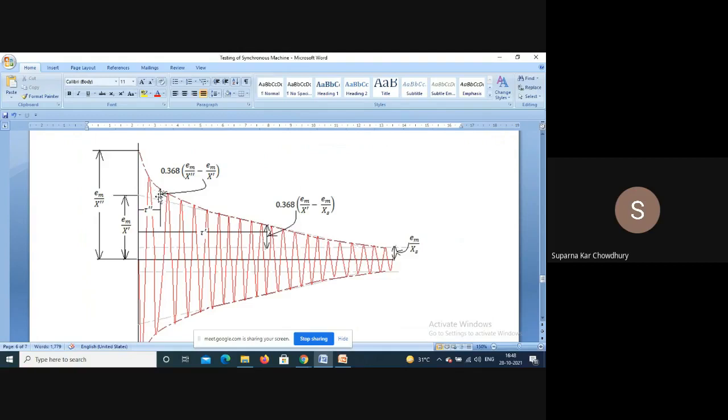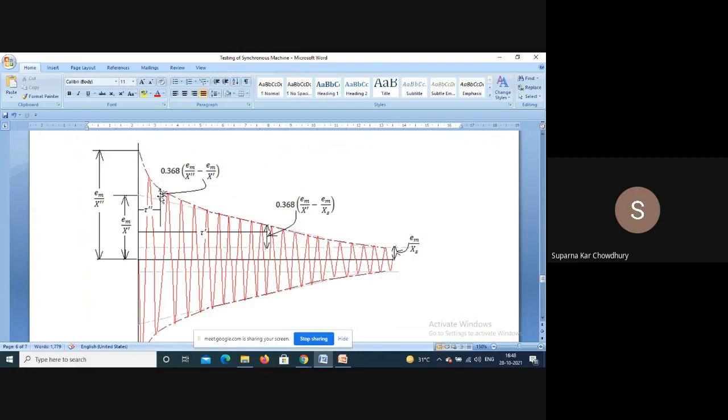Subsequently, this is the subtransient operation, and this is the transient operation. So this is the subtransient operation, this is a transient portion, and then this is the steady state short circuit.